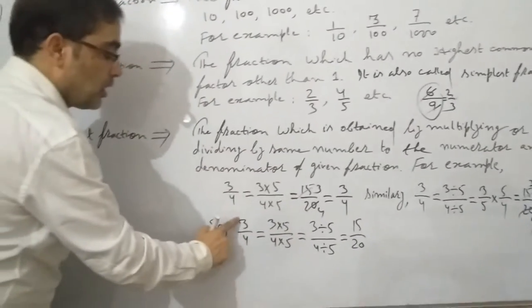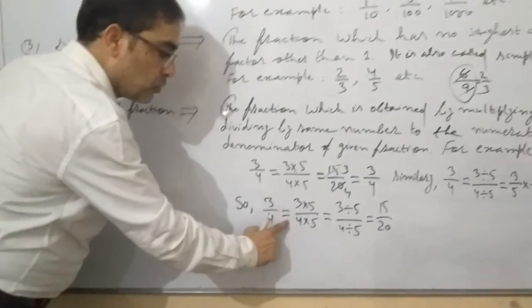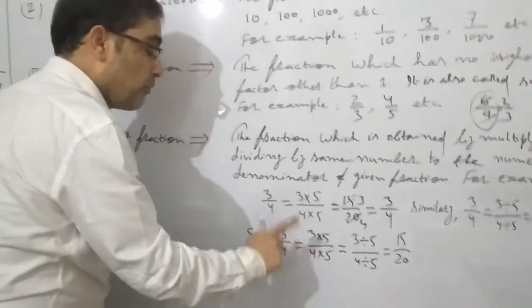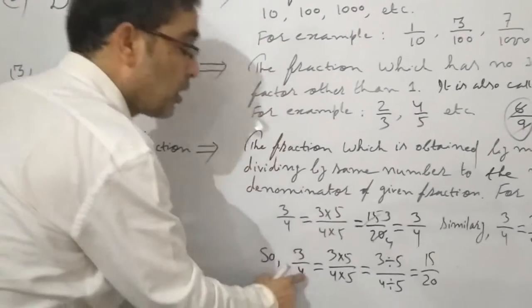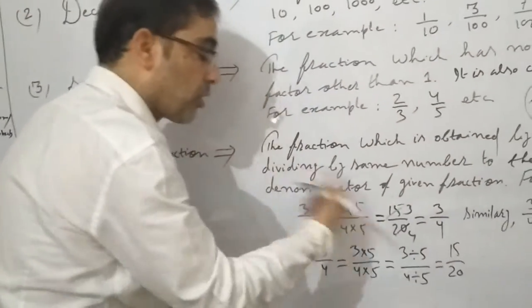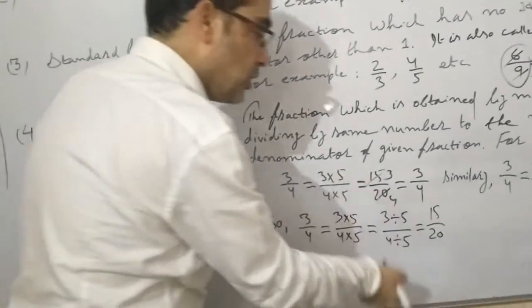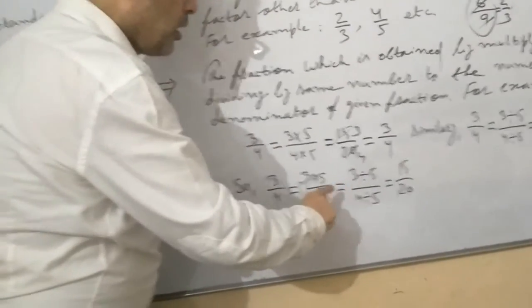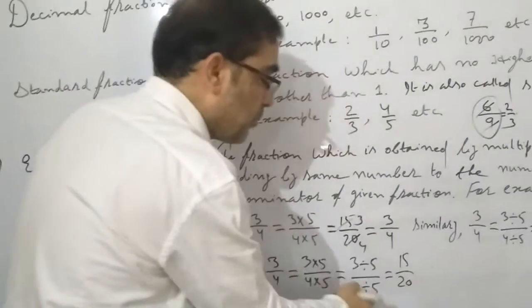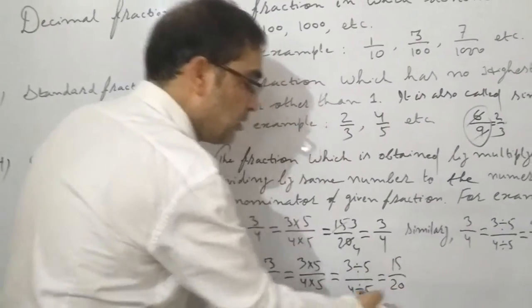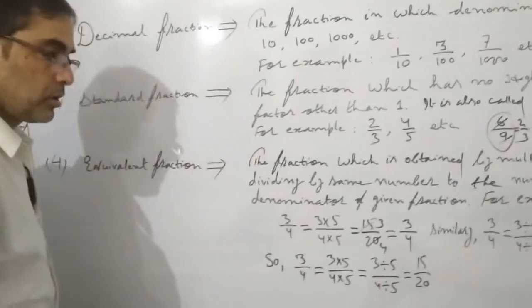I mean 3 by 4 is equal to the result when we multiply 3 by 4 by the same number 5, or when we divide 3 by 4 by the same number 5. Then again the same value comes.